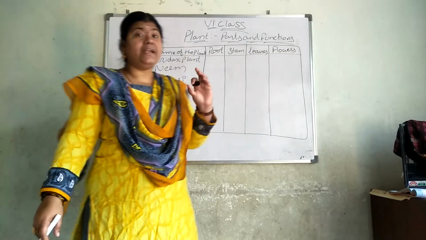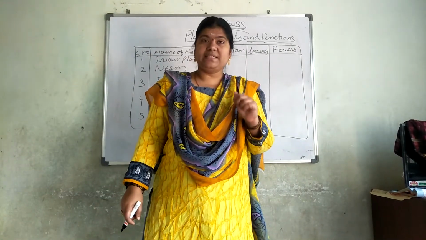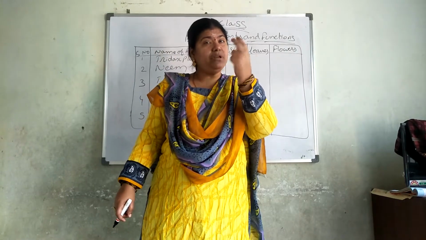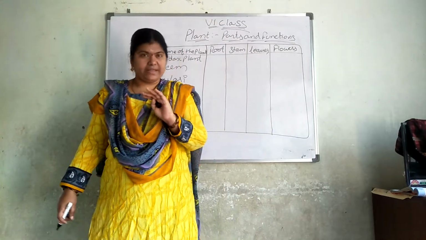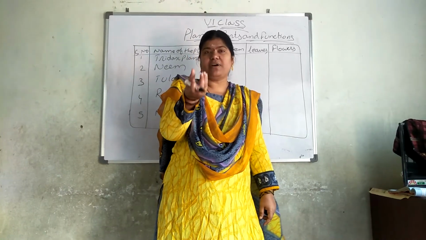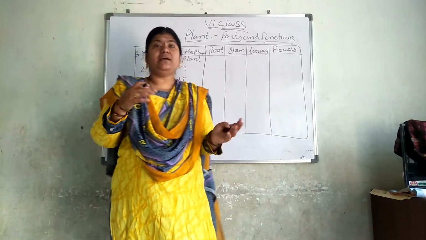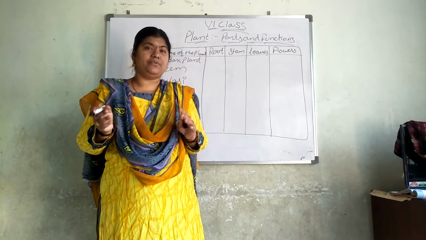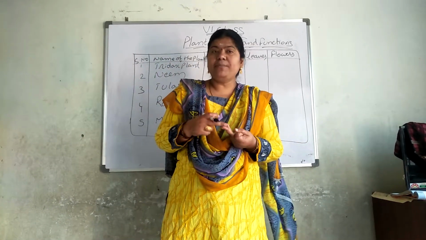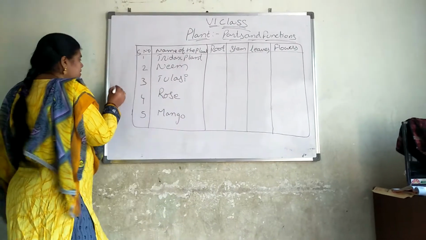Tridax means ganner mokka. It has the fruit and it also has the flower. The fruit will be green in color, that we should not eat. The flower will be cone shaped. For Lord Shiva we will use it. We will get it in 3 colors: orange, yellow and pink.